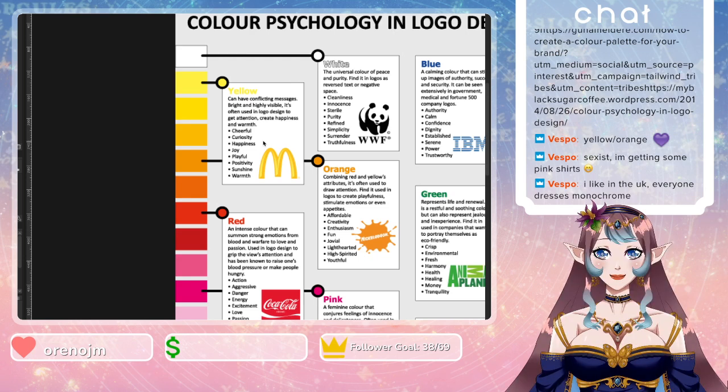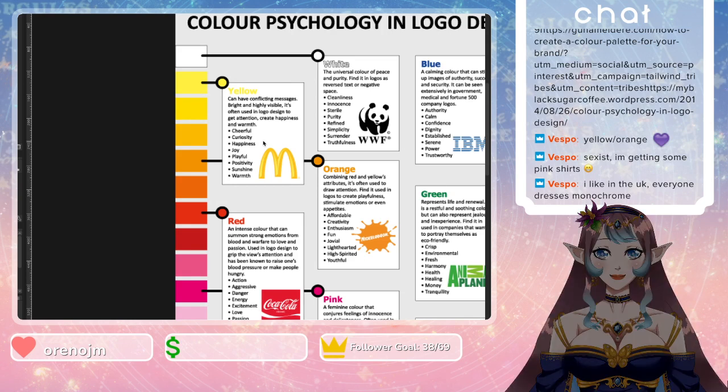So, yellow. Yellow can have conflicting messages. It's bright and nearly visible. It's often used in logo design to get attention, create happiness and warmth. Like the golden arches. It's yellow, it grabs your attention.